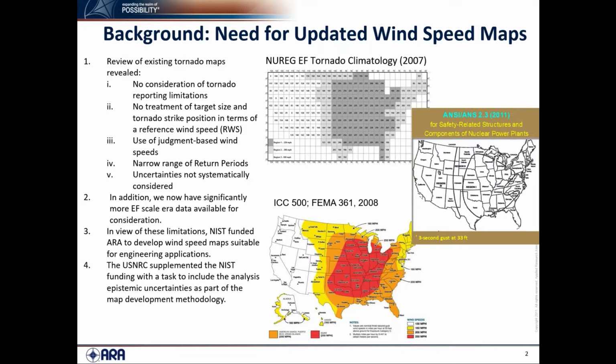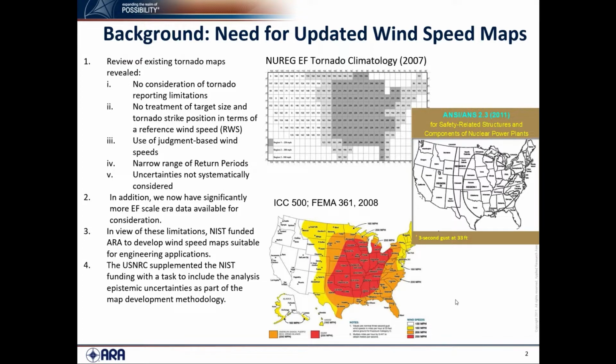And so key recommendations from that were we need to develop a new generation of tornado hazard maps and to develop tornado design guidelines and get that into codes and standards, which Jim mentioned will be the topic of a talk next week. So from an engineering design standpoint, the maps that we had available prior to what I'm going to show you today, there were some different tornado hazard maps that were developed for the nuclear industry, shown on the couple of maps on the top right.